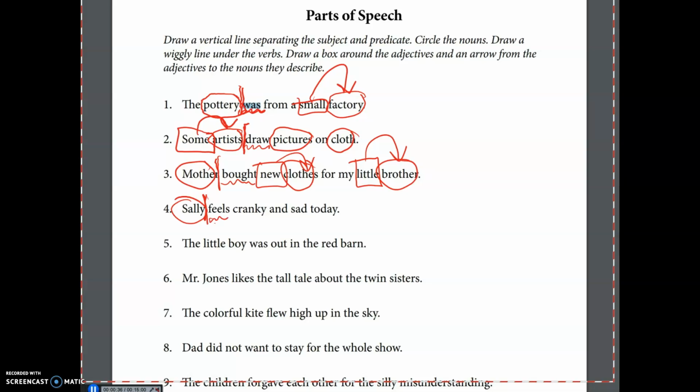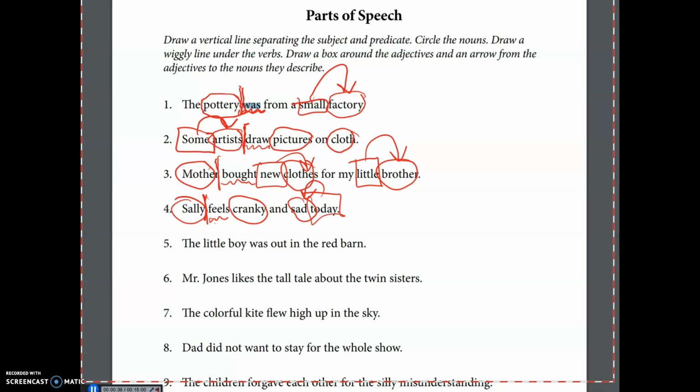Are cranky and sad things? I think they are. So, person, place, thing. I think cranky and sad are both nouns, and today is describing that. I think those are nouns because they're things. There's the way she's feeling, so they're things. And today is describing when that is happening.